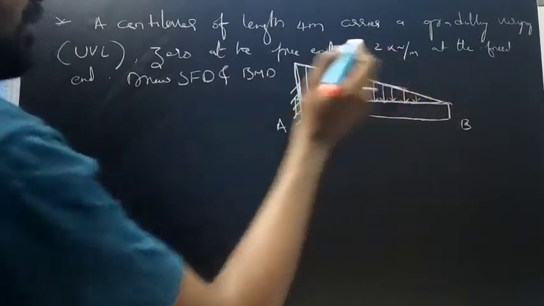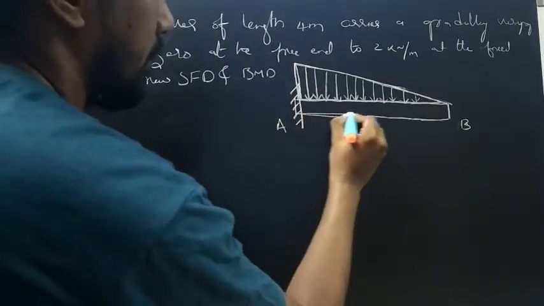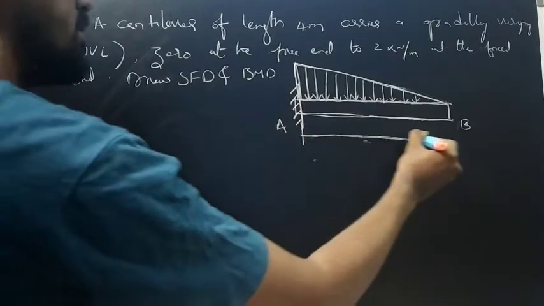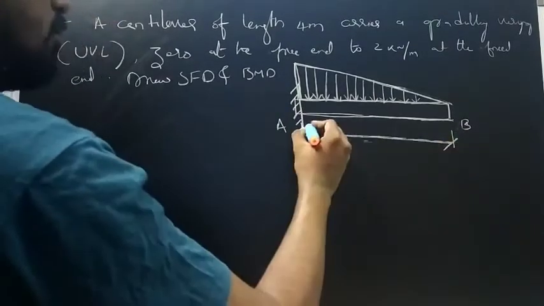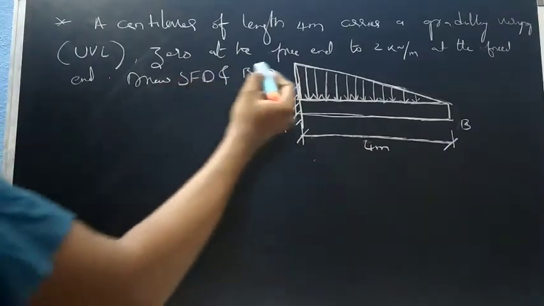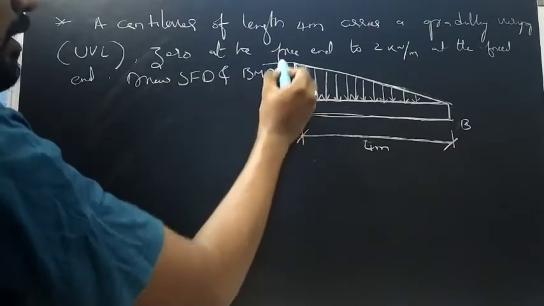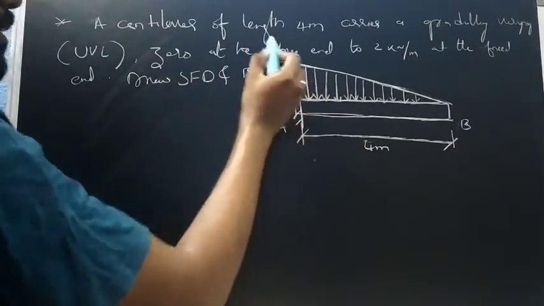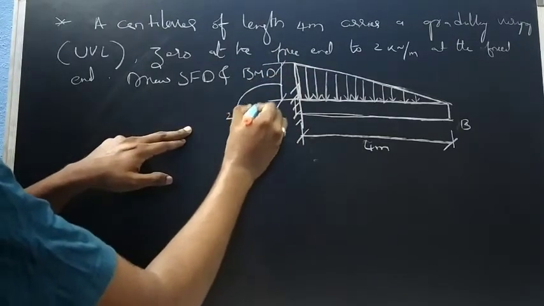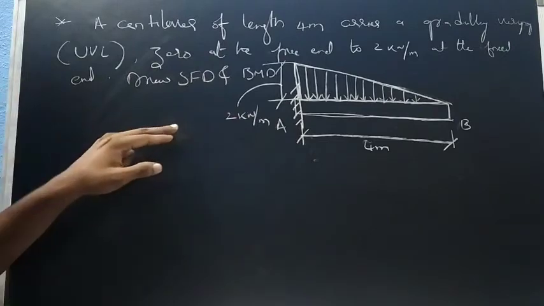Okay, so now the length of this beam is given in the figure, that is 4 meters, clear, and this will be the maximum, that is 2 kilonewton per meter, clear.